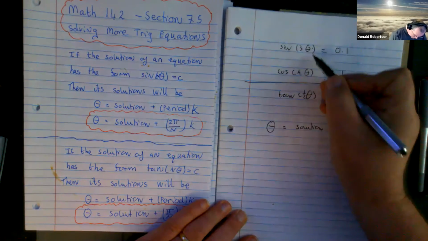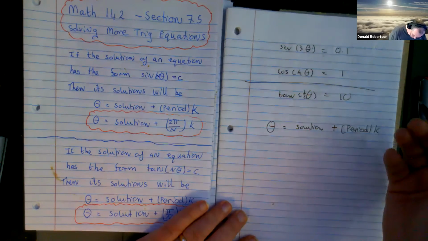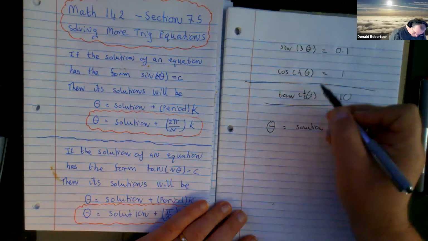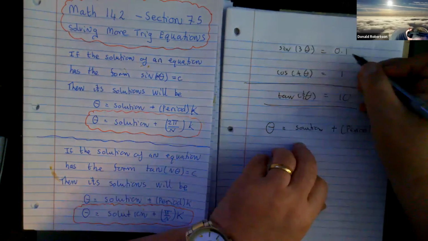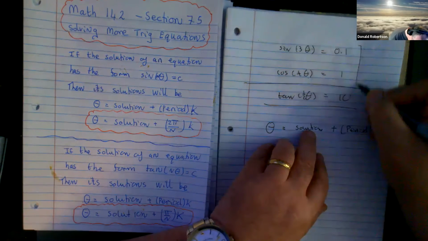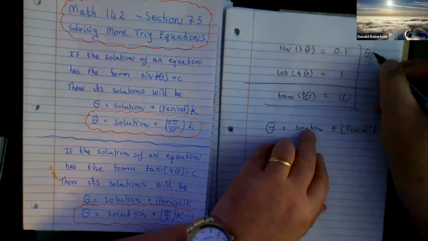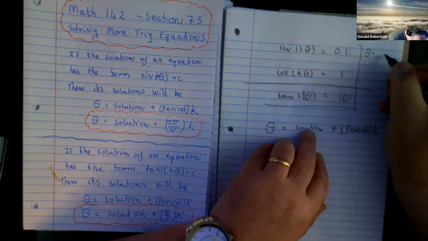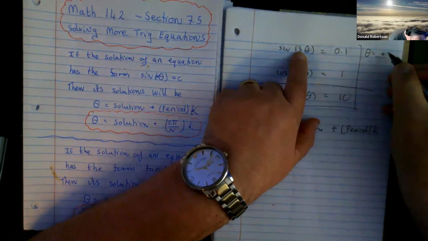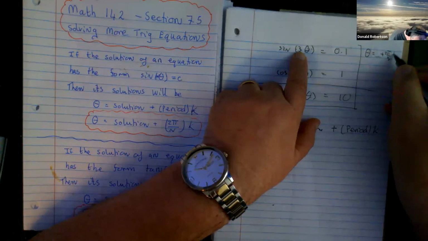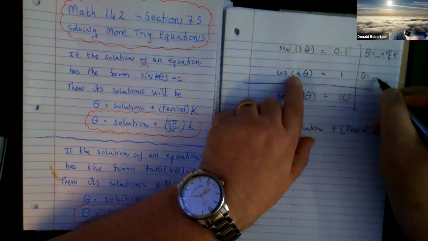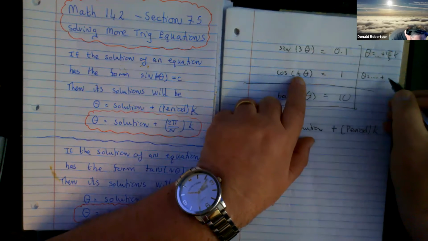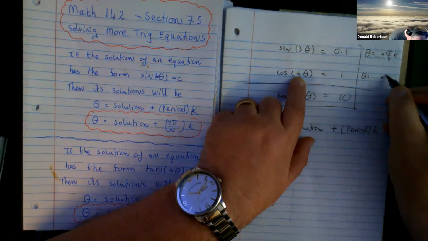So if I'm dealing with these two, the answer will be different than if I'm dealing with these ones, right? Because each one of these has a different period. So for instance, in this one here, the answer would be theta equals whatever I got, 2 pi over 3. This one would be whatever answer you end up getting, plus 2 pi over 4, that's the period.